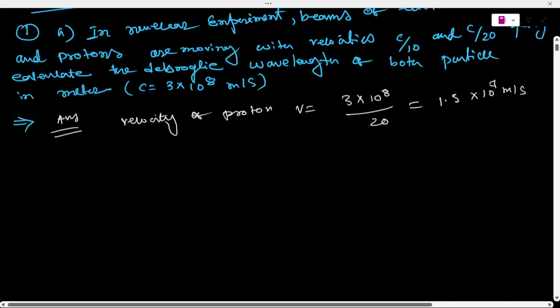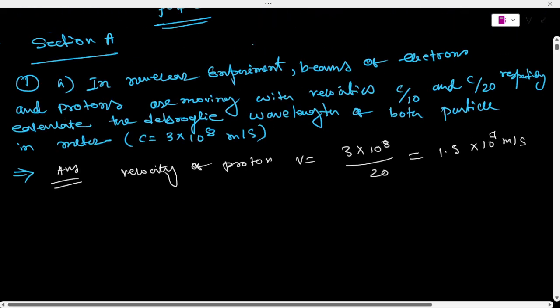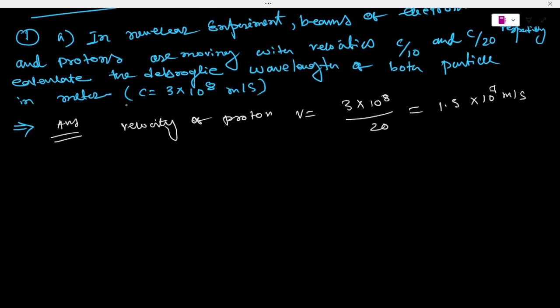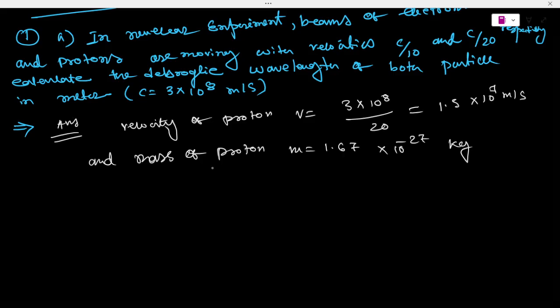This is the velocity c by 20 for the proton. The mass of proton is m equal to 1.67 into 10 to the power minus 27 kg. And lambda is equal to h divided by mv.